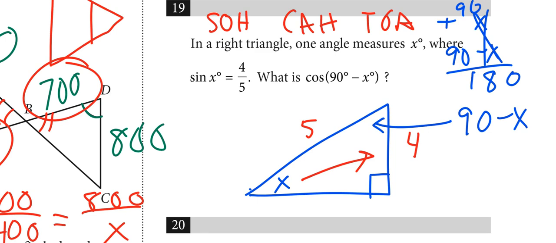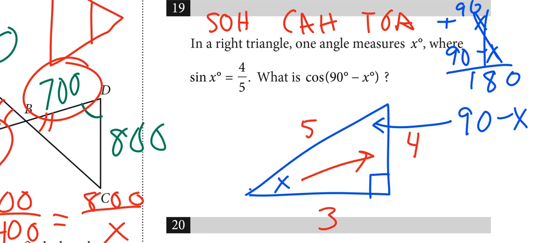Remember I said that triangle, 3, 4, 5, is either going to show up exactly like this or a multiple, 6, 8, 10, 9, 12, 15. So, watch out for those, because that triangle will show up.